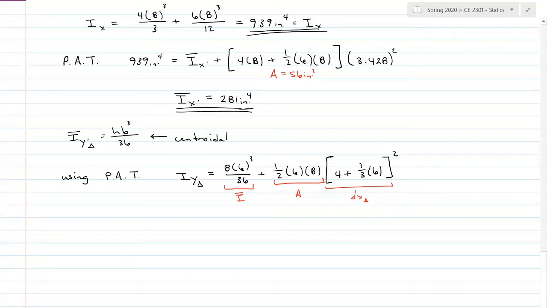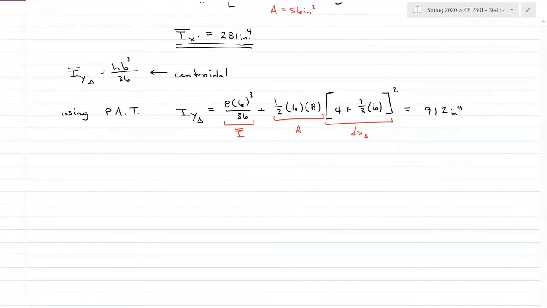And this is going to be equal to 912 inches to the fourth. All right. So that is the moment of inertia of just my right triangle about the y-axis.